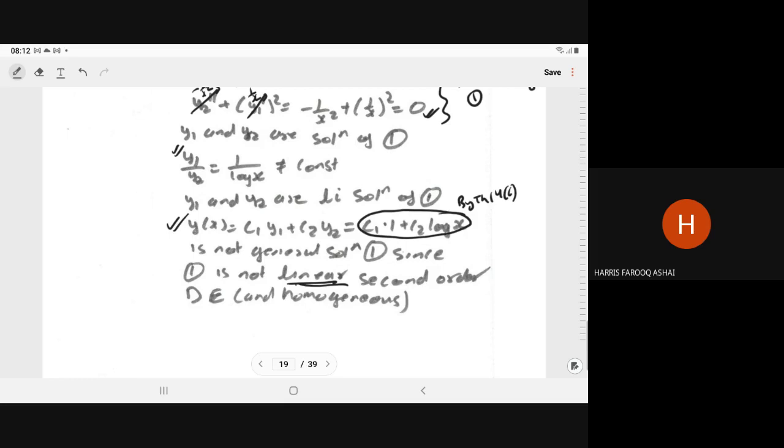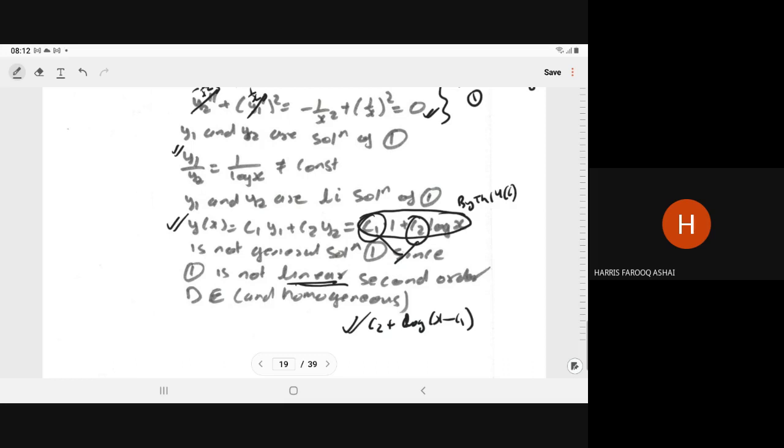Sir, how did you get that it's not a general solution? After putting values of c1 or c2, can you get that value? There we have the solution c2 log of x minus c1. With a proper choice of c1 and c2, can we get this solution? No, sir. That's why. Sir, why have you written by theorem 14c?